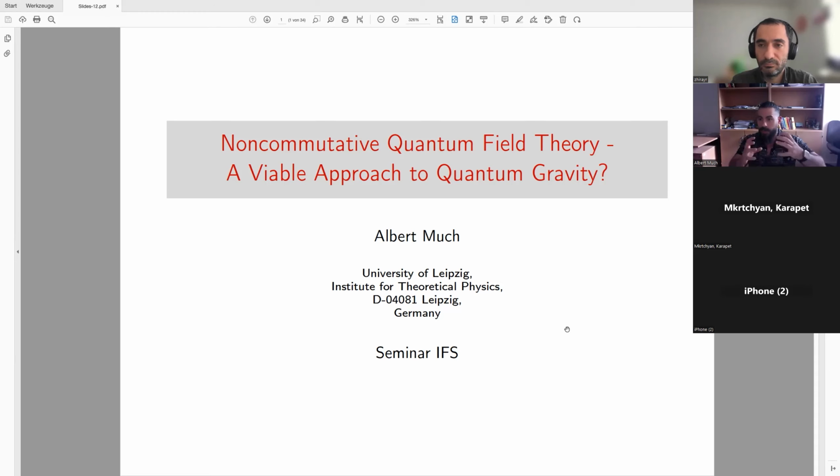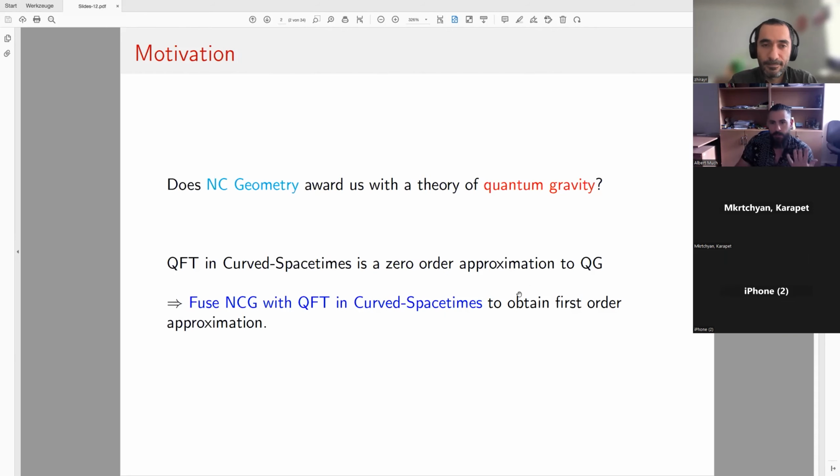And now, how do we get one step further? My motivation is to see whether non-commutative geometry connects to quantum gravity. As I said, quantum field theory in curved spacetimes is a zero-order approximation to quantum gravity, which I think is agreed upon unanimously.